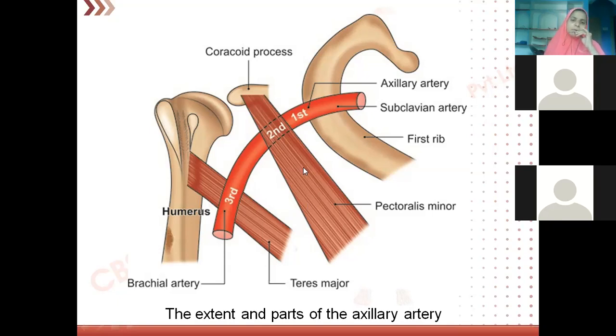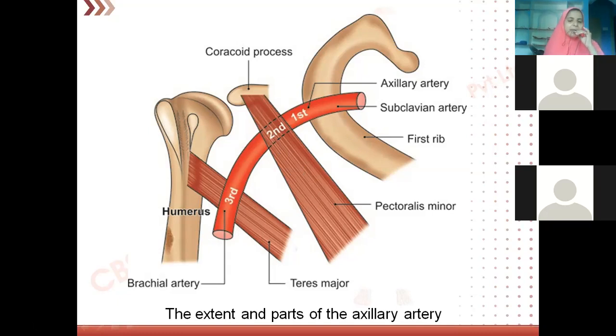Now, pectoralis minor muscle divides the course of axillary artery into three parts. The first part of the artery lies above the upper border of the muscle. The second part lies behind the muscle. The third part lies below the muscle. The extent of axillary artery is from the outer border of the first rib to the lower border of teres major muscle.